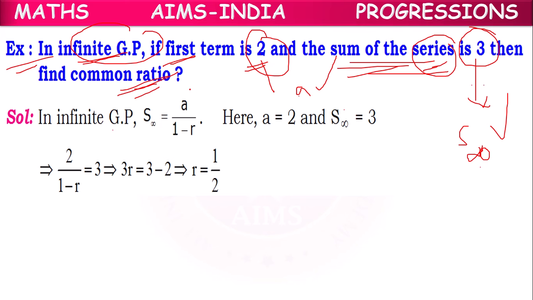We have to find the r value. We know that S infinity equals a by 1 minus r, where a equals 2 and S infinity equals 3.